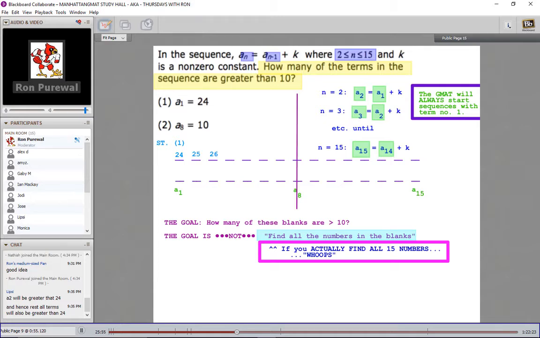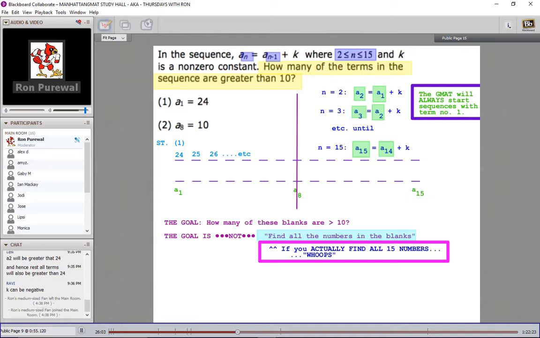Okay. I mean, right, like in this sequence, everybody's going to be greater than 10 because everything is more than 24. So like in here, in this sequence, all 15 terms are greater than 10. Now what the goal is, when you come up with specific cases, the goal is always to try to make 2 different things happen.